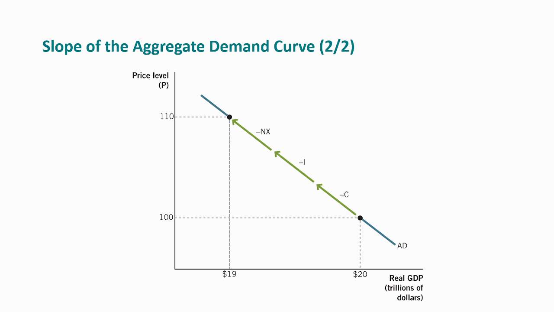This negative relationship is due to three different effects. First, the wealth effect implies a lower quantity of consumption demand, because real wealth, meaning the purchasing power of wealth, falls at a higher price level.